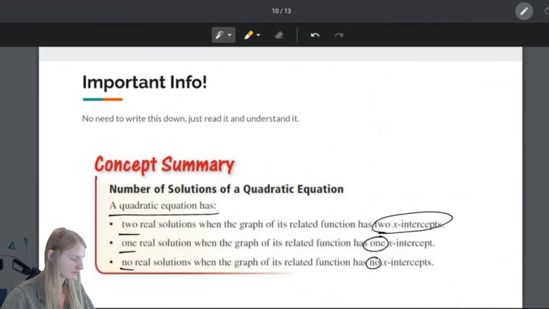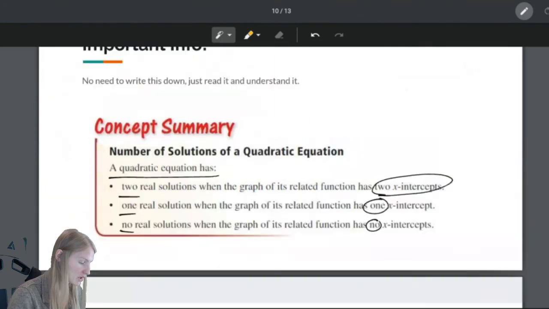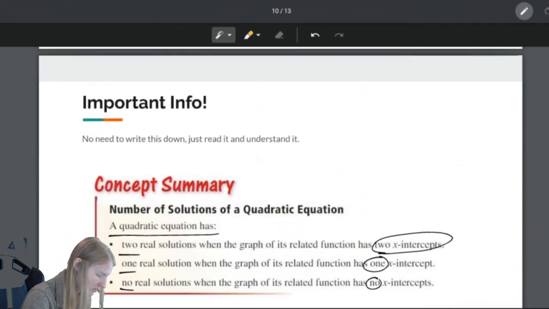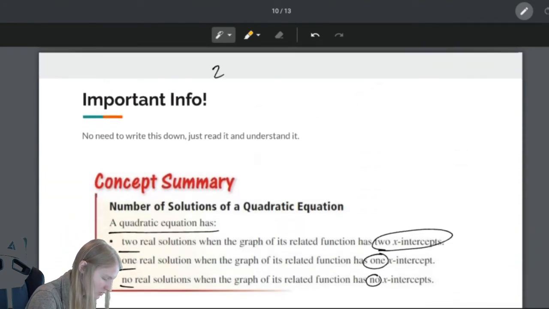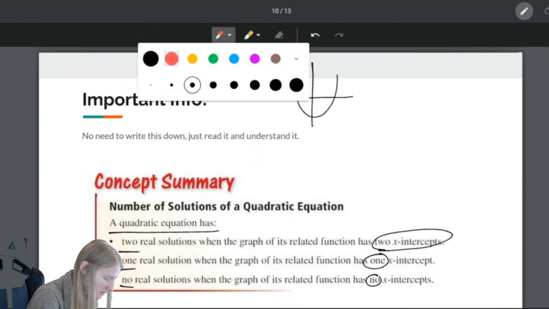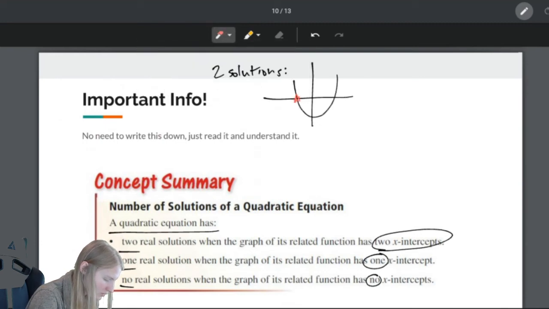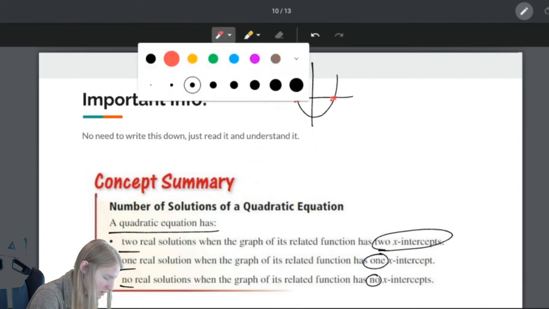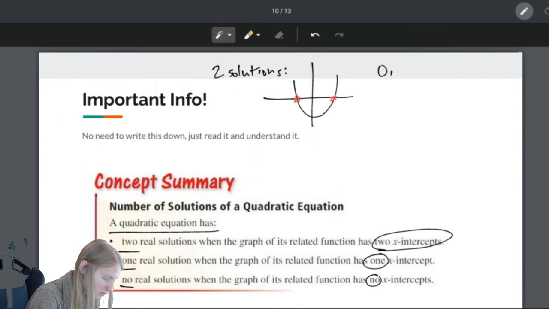Back to our slides. And again, the graphs. Let's draw pictures of what the graphs look like for this. So, 2 solutions, the graph looked like this. And we'll even put colors. They looked like this.